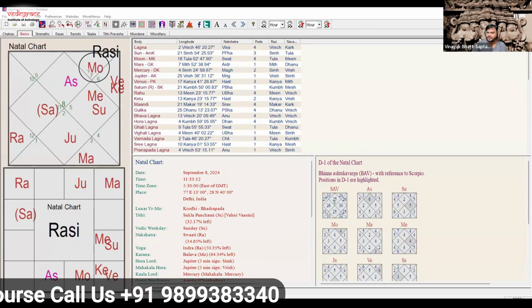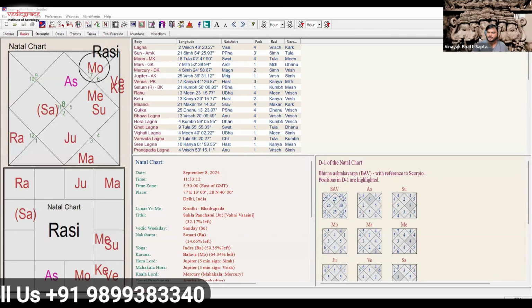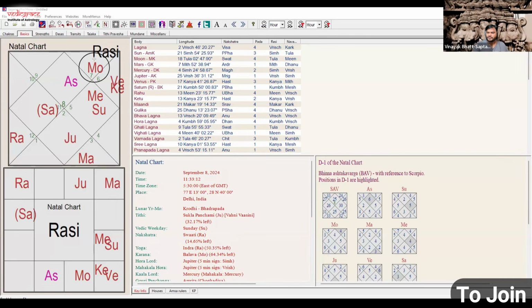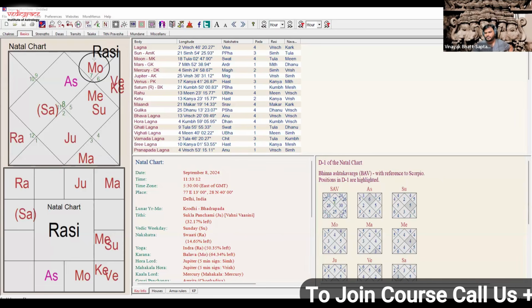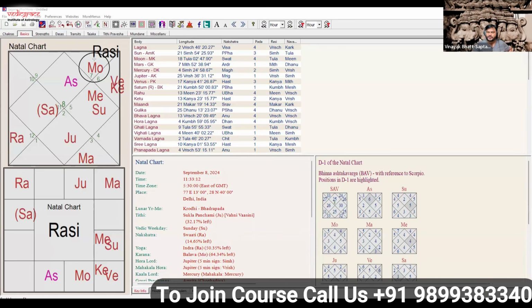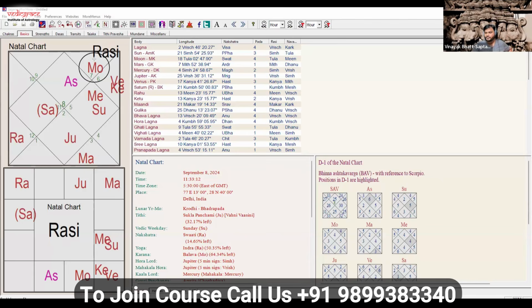Because moon is in D1, moon is in Libra sign, and now you are taking sun from the D9 chart in the same Rashi. So what combination you need to decode? Sun plus moon in Libra sign, 12th house. If you understood this combination, you can easily predict the name, fame, status for this native.